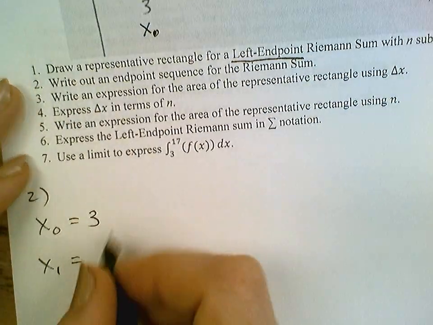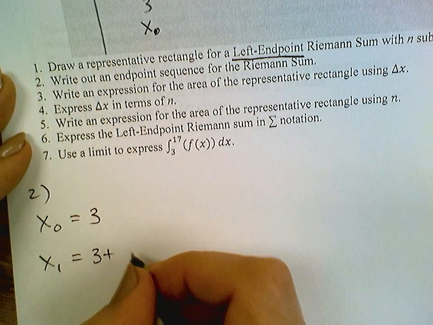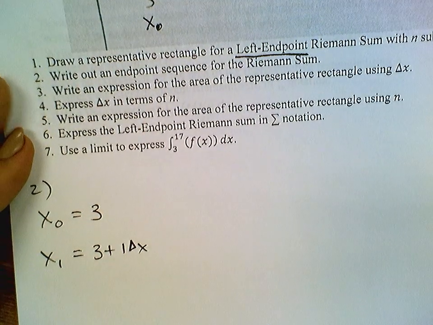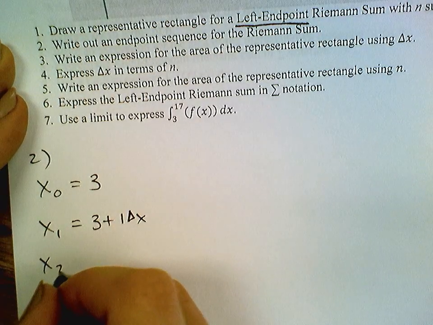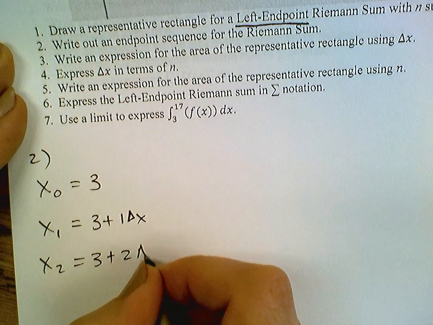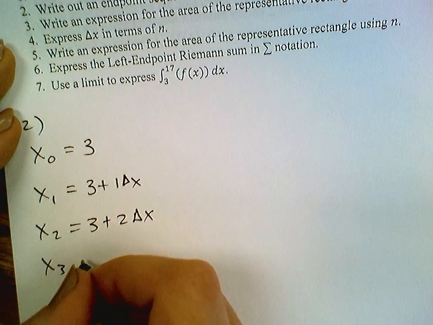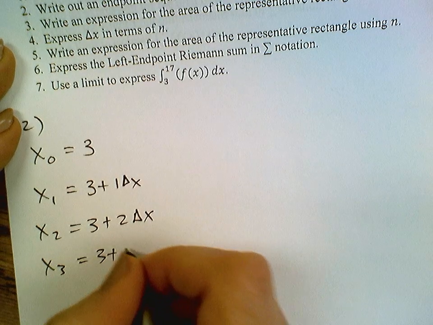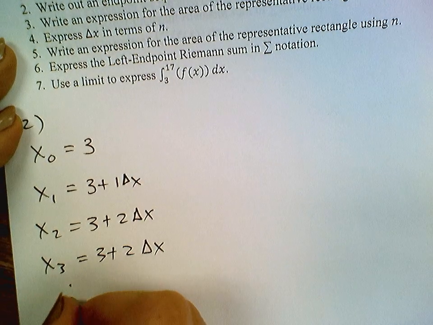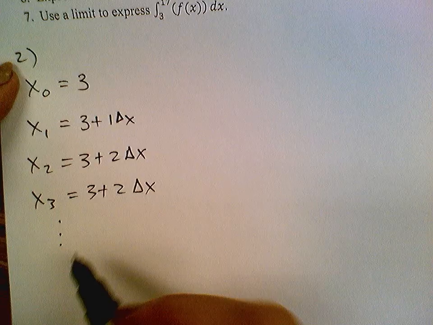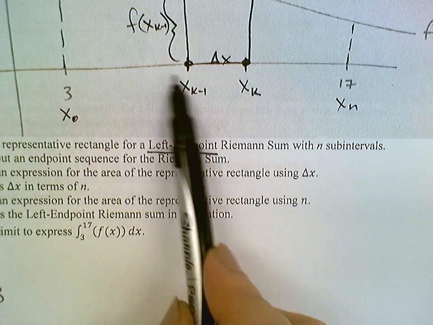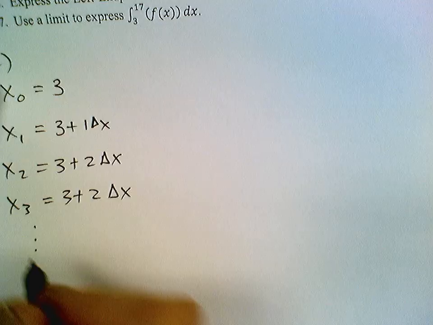So let's just do the first three of these, dot, dot, dot. And then you keep going until you reach x sub k minus 1.